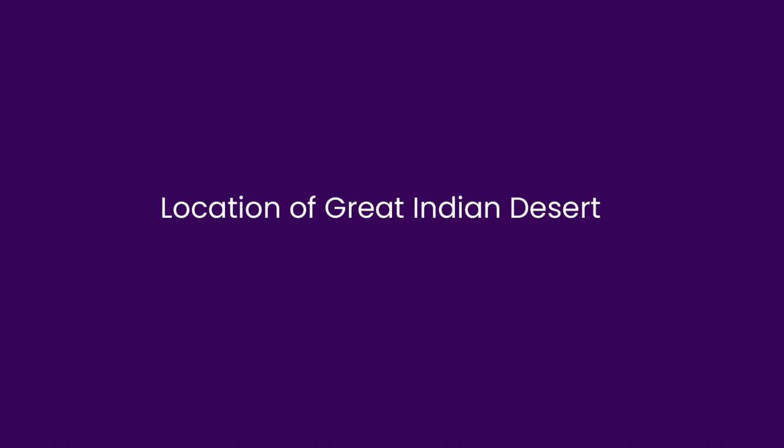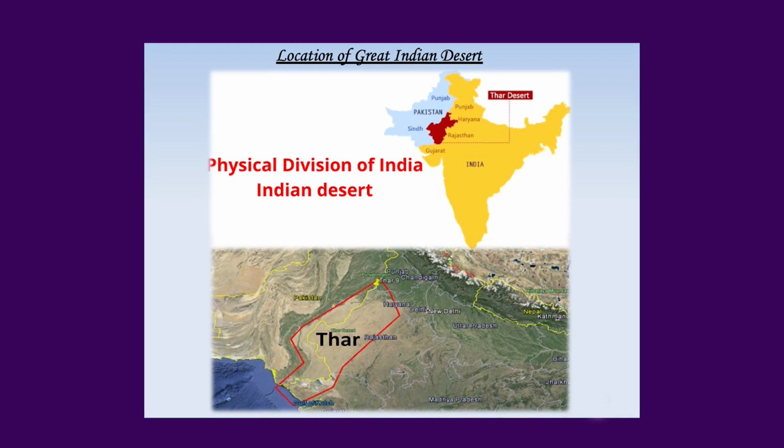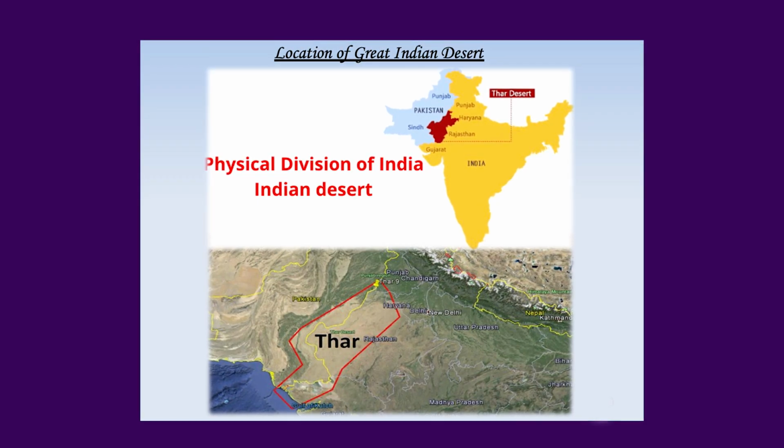Now, let's see the location and extent of the Great Indian Desert. The Great Indian Desert, well known as the Thar Desert, is a large and arid region in the northwestern part of the Indian subcontinent. Covering about 2 lakh square kilometers in area, it forms a natural boundary between India and Pakistan.